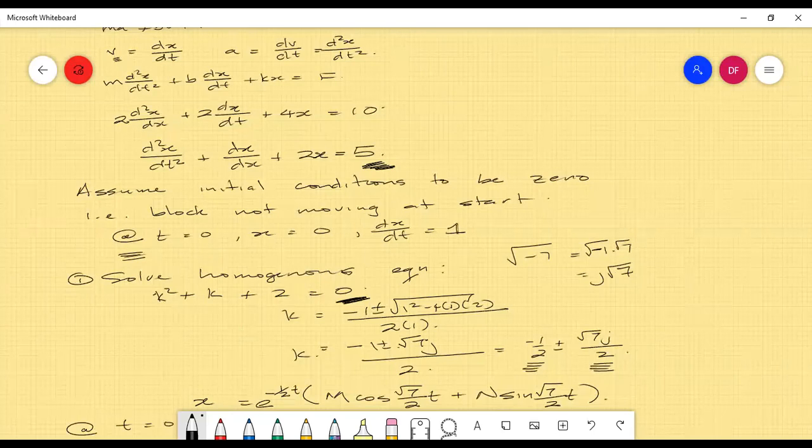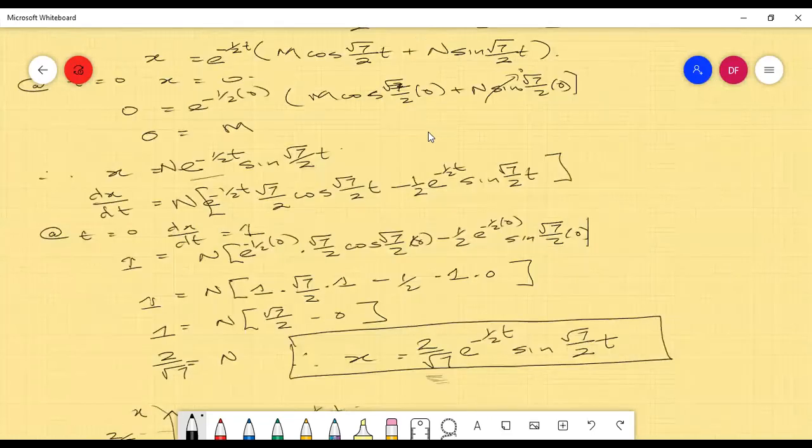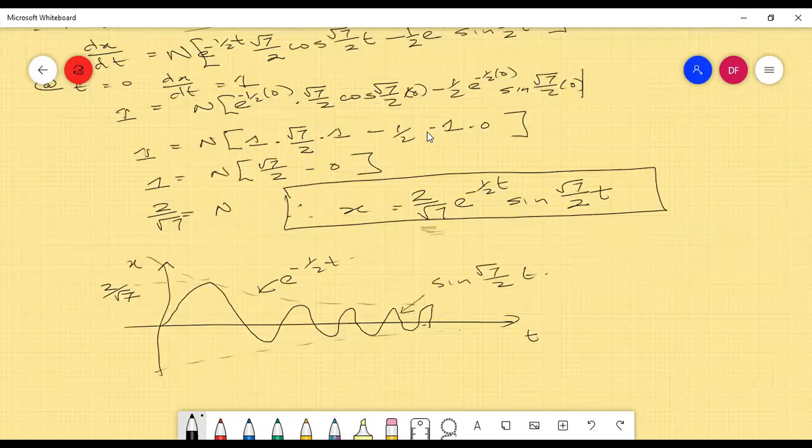No. The e is the rate of decay, the 2 over 7 is the amplitude, and the sine just tells you, well, the root 7 over 2 here gives you the frequency at which it oscillates. You know that it is following a sinusoidal form, and e to the negative half means that it is decaying. So it is going back and forth and will eventually stop.